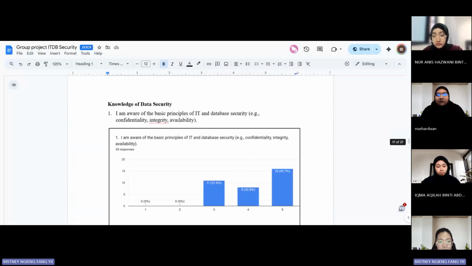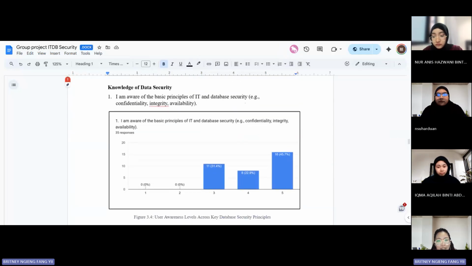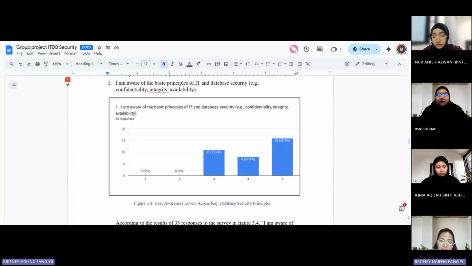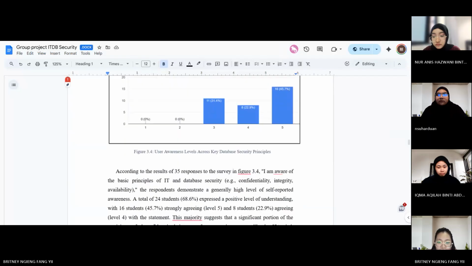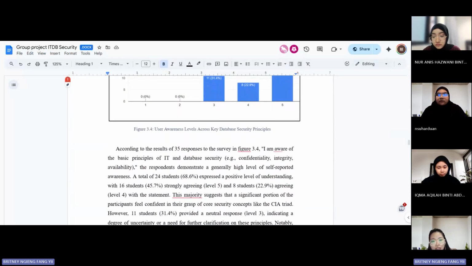So next will be knowledge of data security. We're asking if they are aware of basic principles of IT database security like confidentiality, integrity, availability, CIA. In this result, 35 responded in this survey.